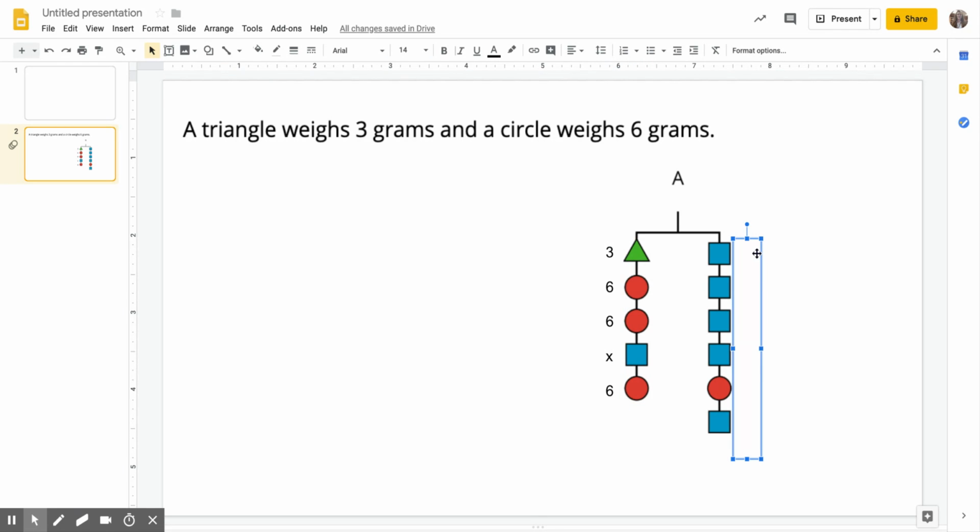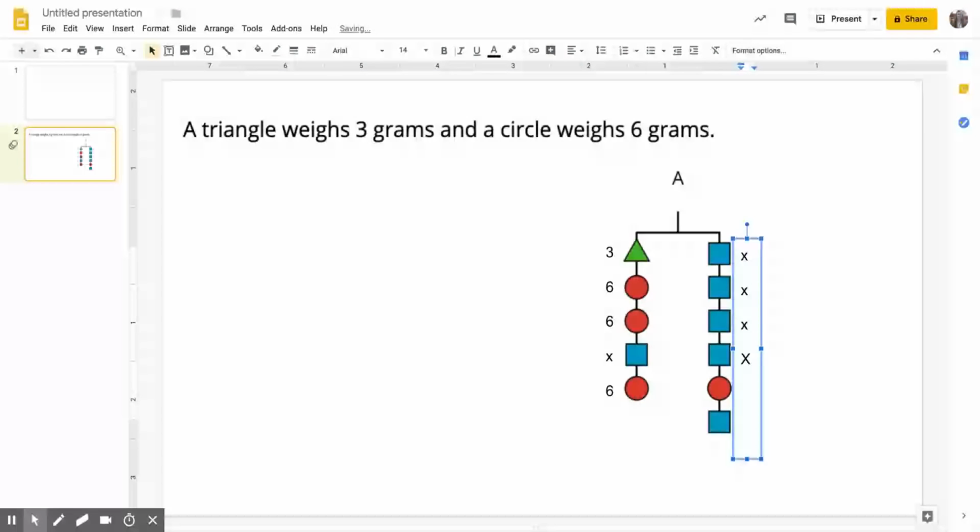Now, over on this side, we start out with a whole bunch of squares. So let's just name them each X. And we have another circle, which we know is 6, and one more X.